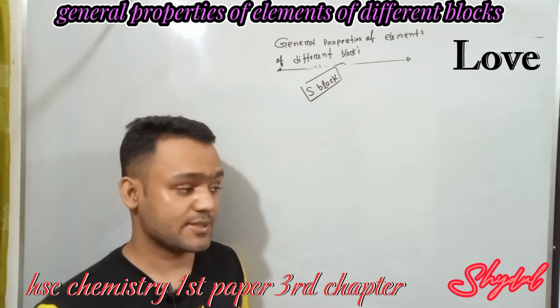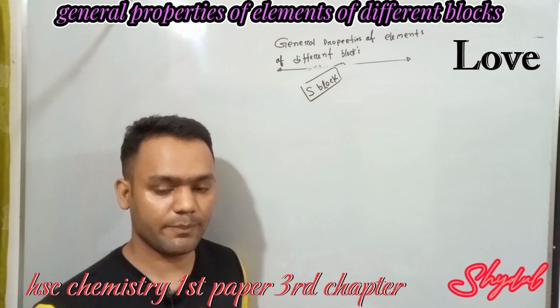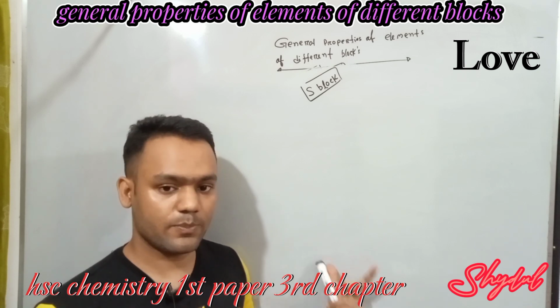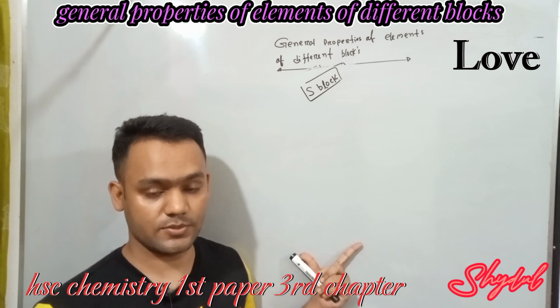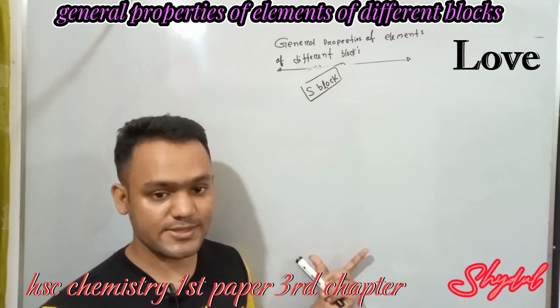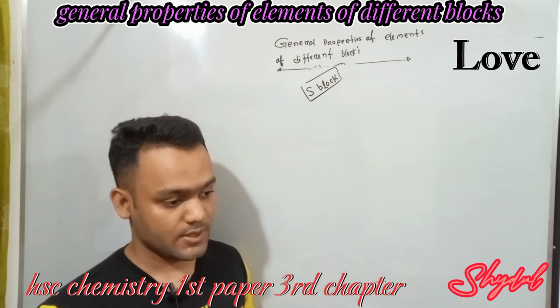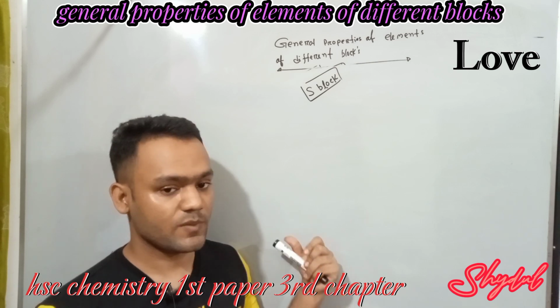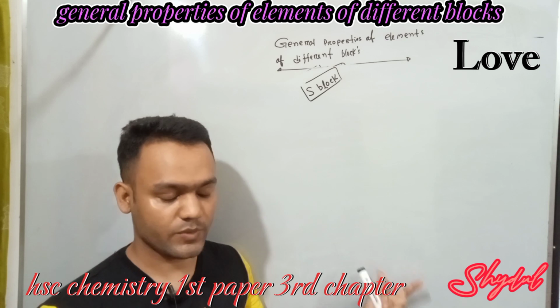Thus S block elements are very soft and malleable metals. For example, sodium is an s block element, and it is a soft and malleable metal.